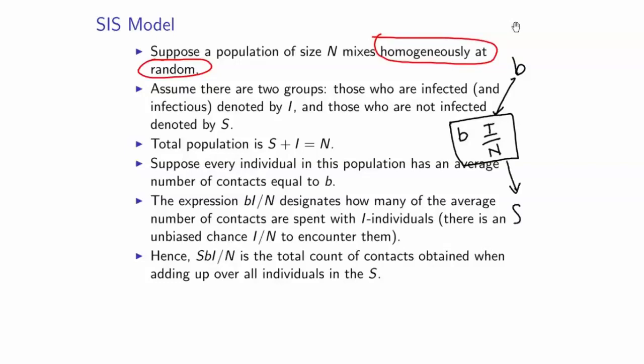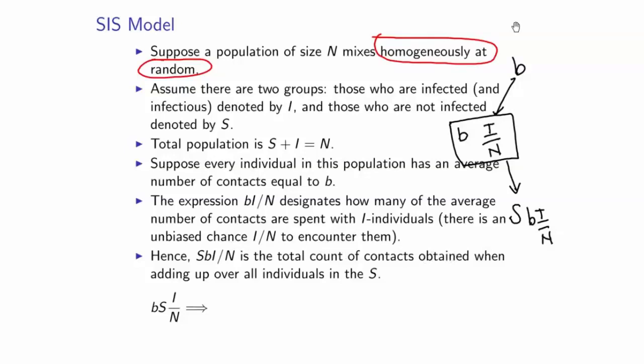We have S individuals in the S compartment, so we have the quantity S times B times I over N. This gives us the total count of contacts obtained when adding up over all individuals in the compartment we're calling S. So we have B S I over N. Basically this quantity is the total number of contacts between individuals in both of these groups.